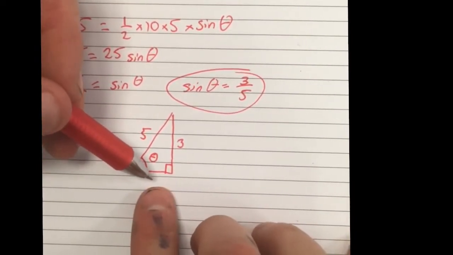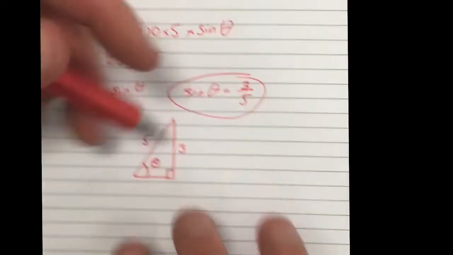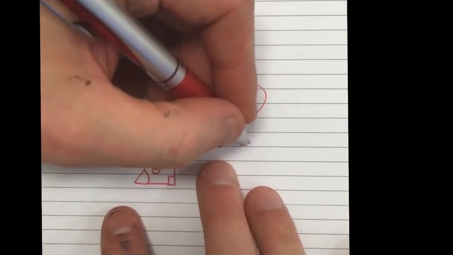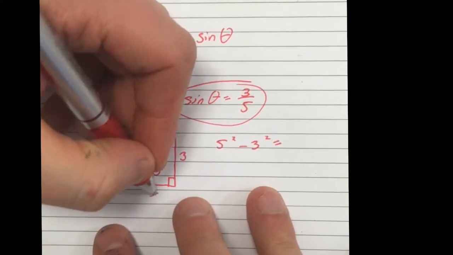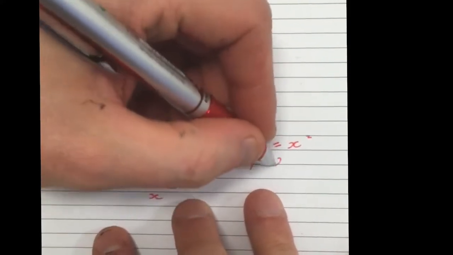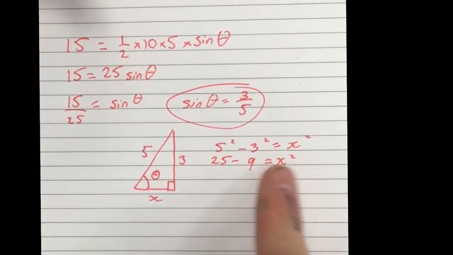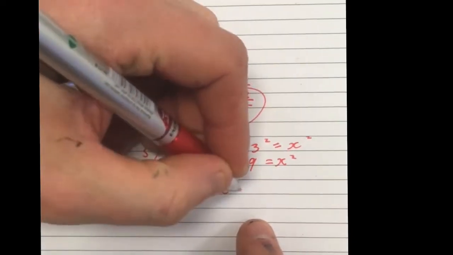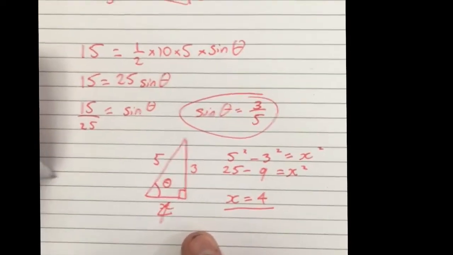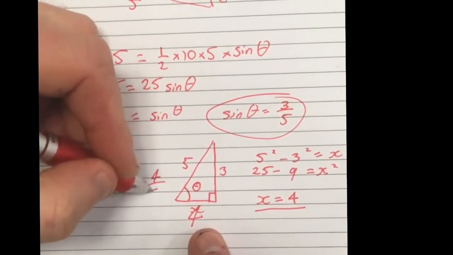So if I find the adjacent, we can find cos of the angle without having to do any actual calculations. So we'll say 5 squared, because that's the hypotenuse, subtract 3 squared equals, say, x squared. So 25 take 9 equals x squared. So x squared is 16, so therefore x equals 4. So that side is 4, so cos of the angle is going to be 4 over 5.